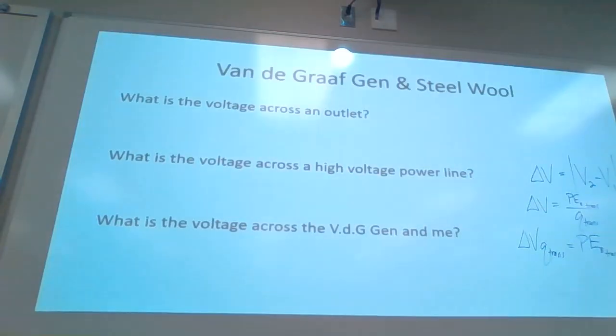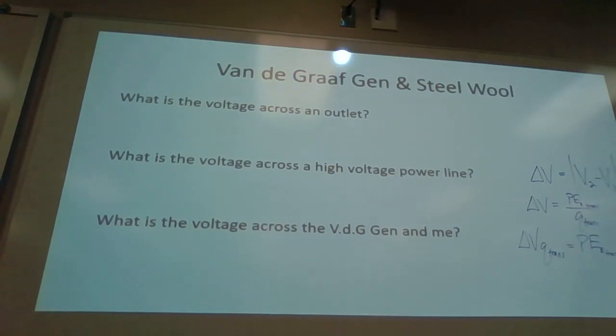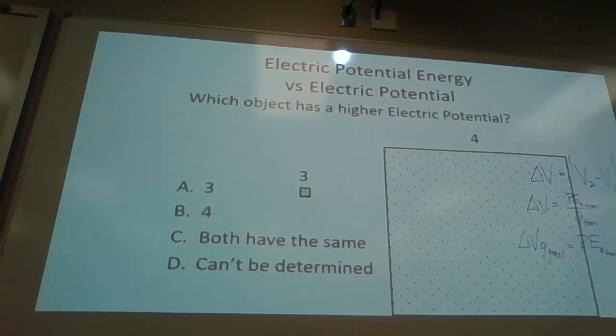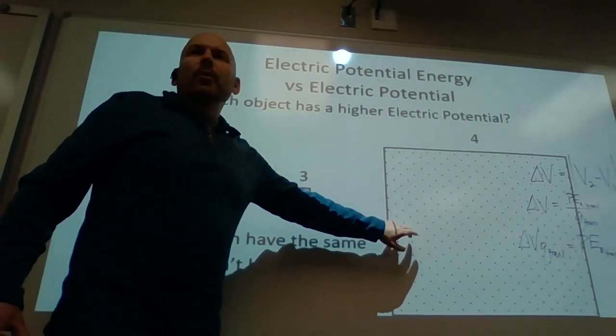Now, here's what I want you to see from this. Though the outlet only had 120 volts, it destroyed the steel wool. That is because there's so many more electrons.